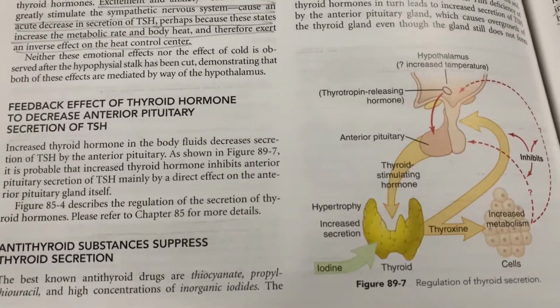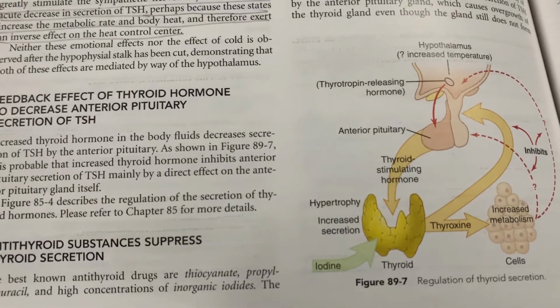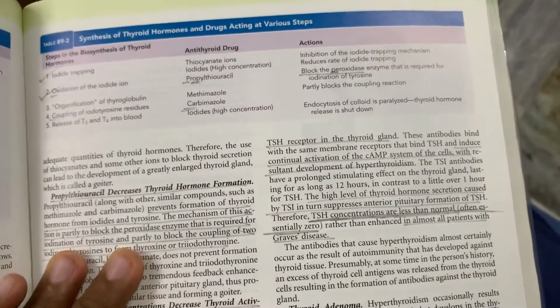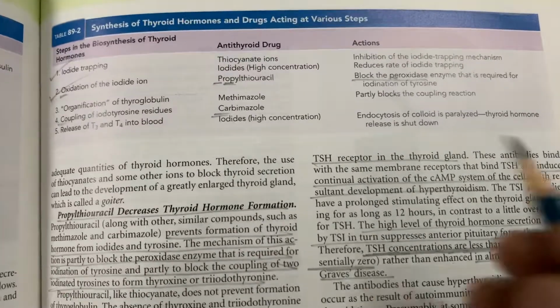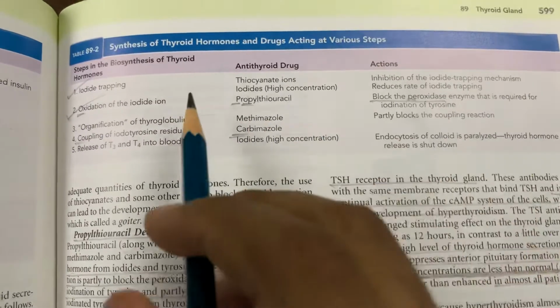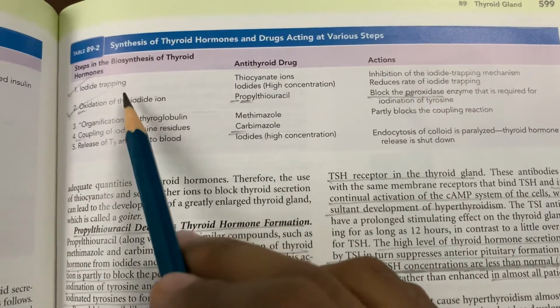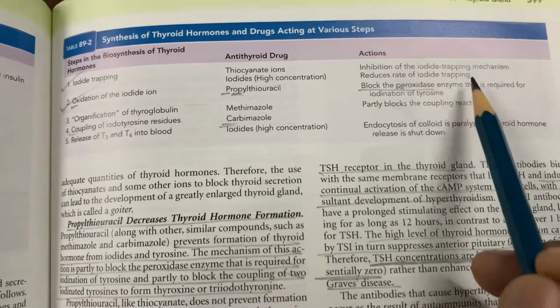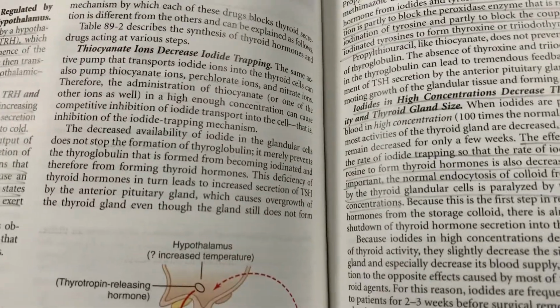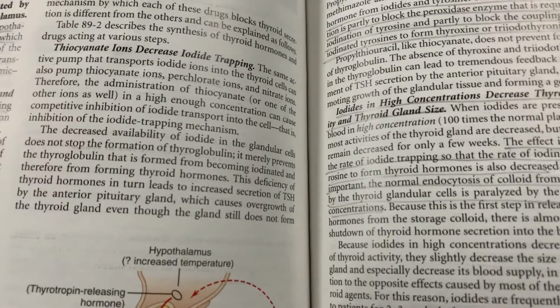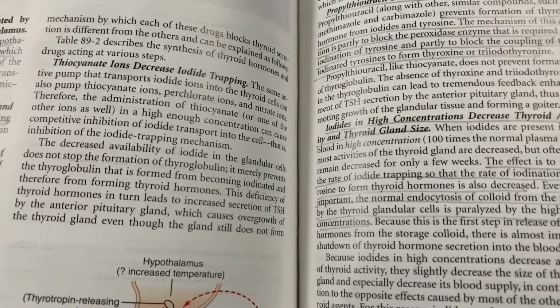And you have certain anti-thyroid substances, as we can see in this table right here. One is thiocyanate ions, SCN ions. What they do is they inhibit the iodide trapping mechanism. So the iodine is present but it is not able to enter the cell.